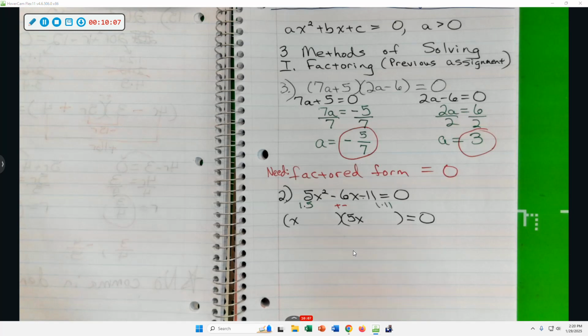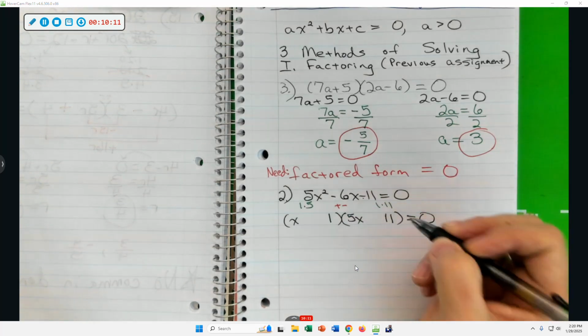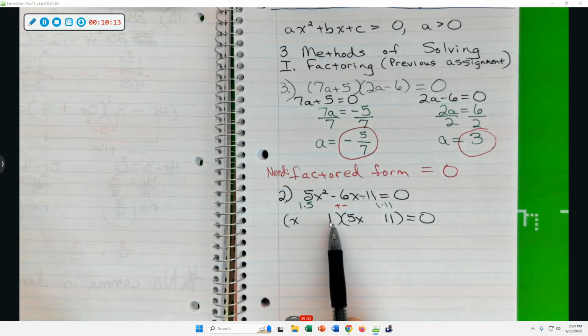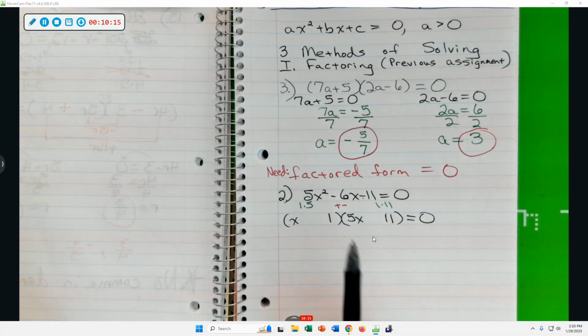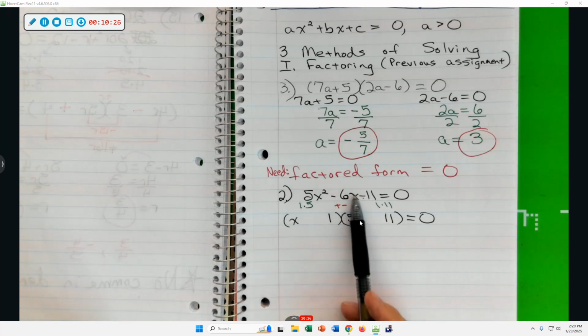I think we're going to have to put the 1 here and the 11 there. Do y'all follow my logic why 11 can't go here? When you're finding that inner product, 11 times 5x, that's 55x. That's way far off from what you need. You would still have another 1x, but it would never get down to a 6x.